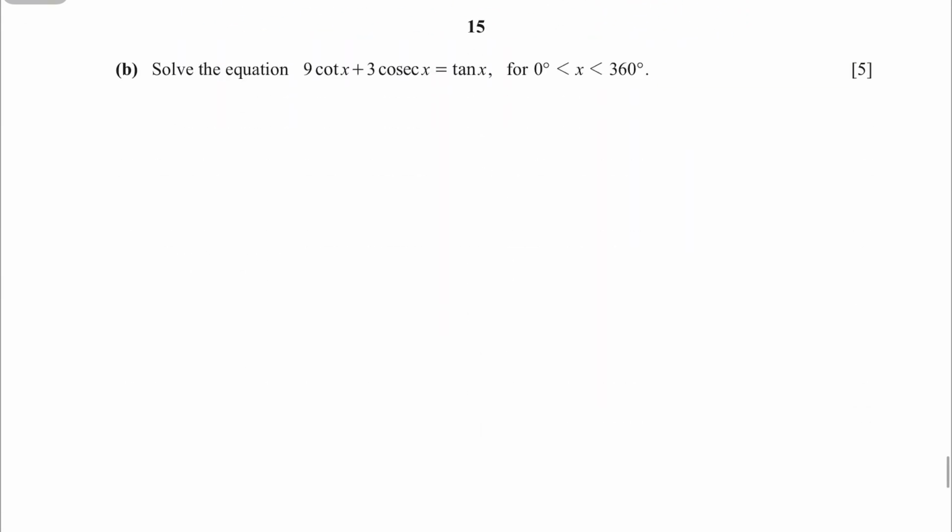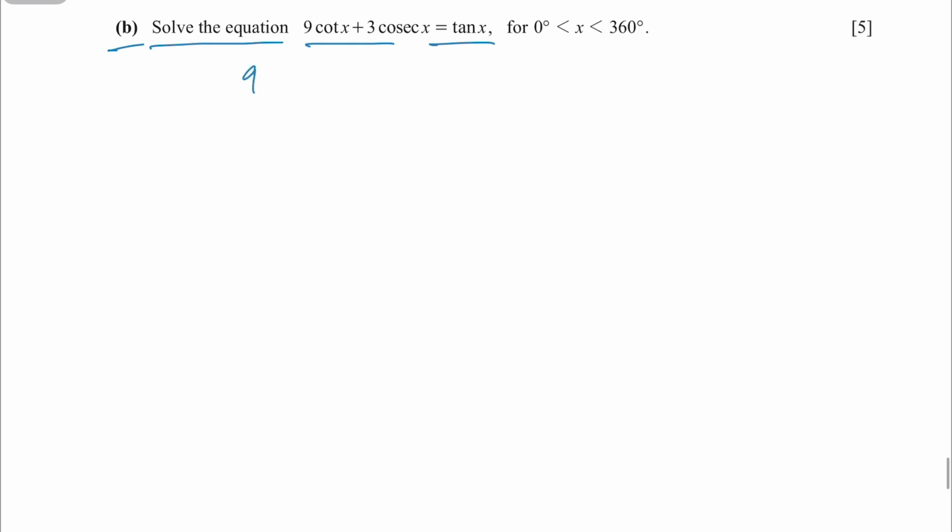Now moving on to next question, that is B. Solve the equation 9 cot x plus 3 cosec x equals 10 tan x. So let's just solve this a little bit. So this would be 9 cos x over sin x. Cosec x is basically 1 over sin x. So this would be plus 3 over sin x is equal to 10 sin x over cos x.